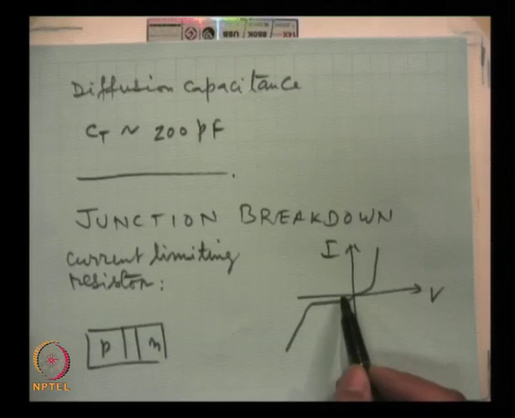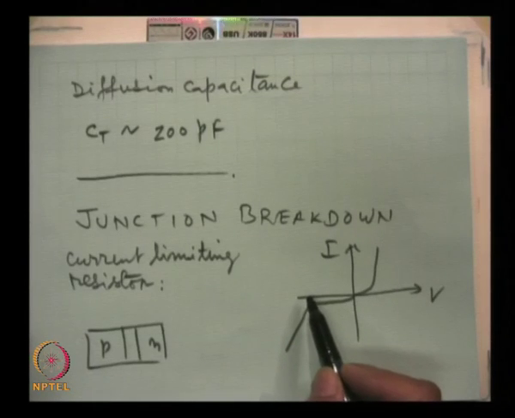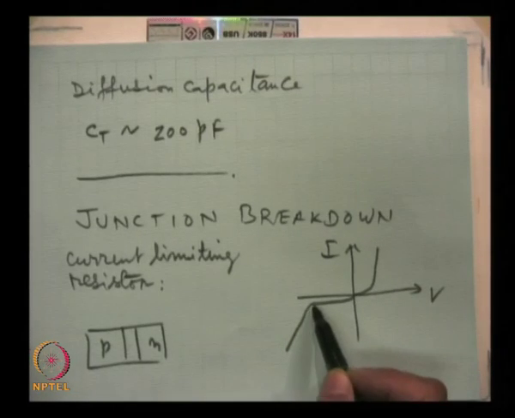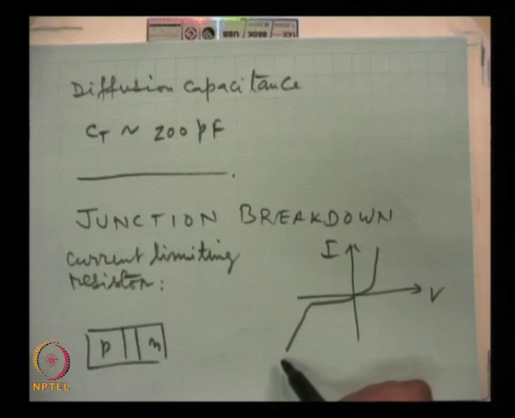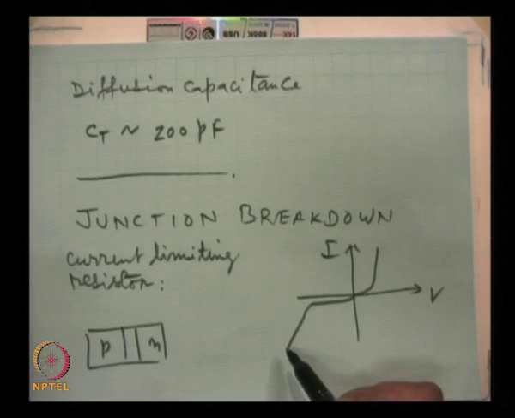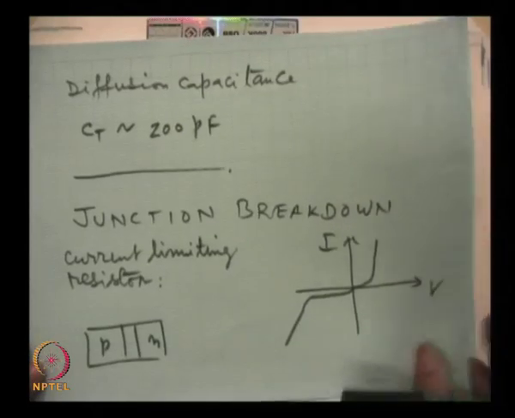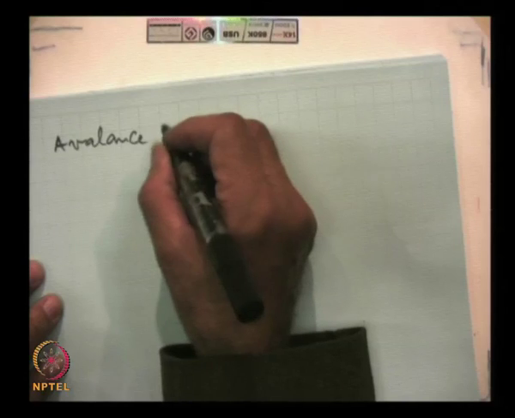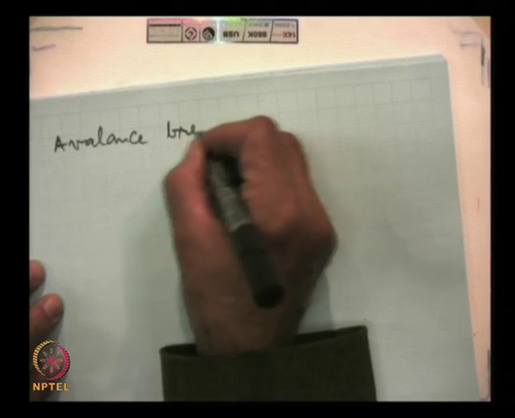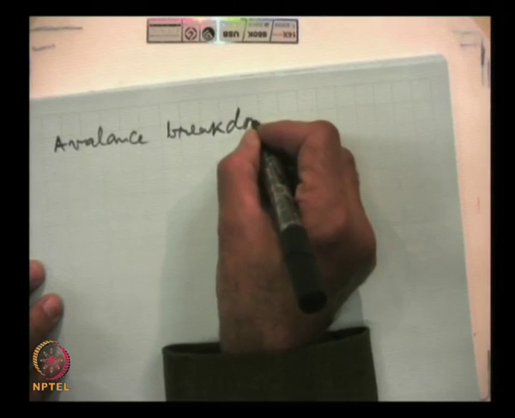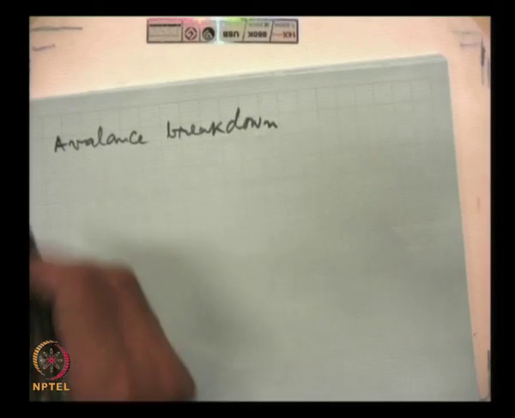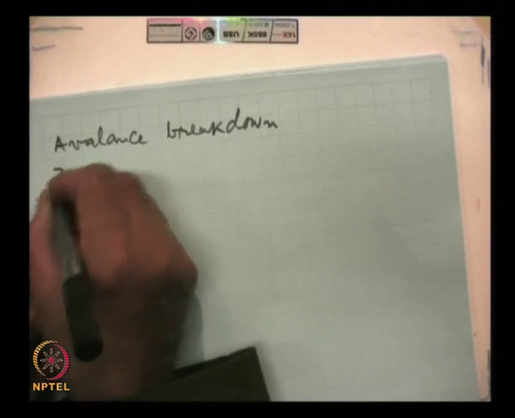But if we keep on increasing the voltage, after a certain voltage the current starts rising, and this happens due to another phenomenon, and that is junction breakdown. Now, there are two processes of junction breakdown. One is avalanche breakdown, and the other is Zener breakdown.